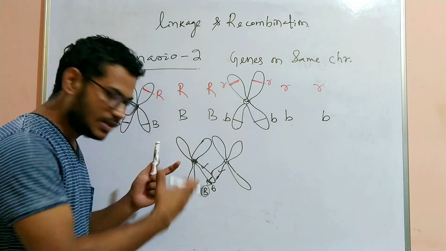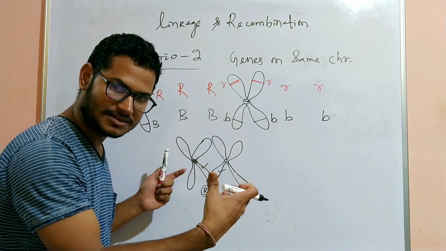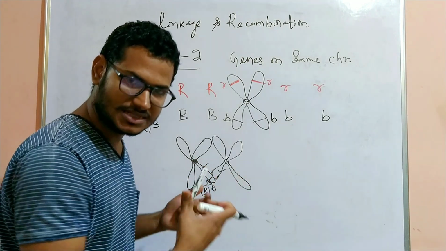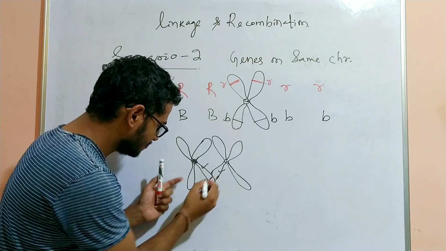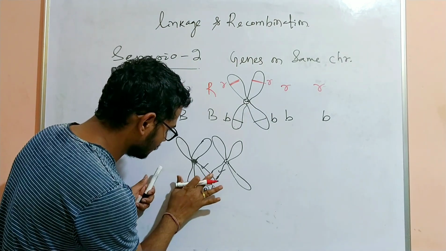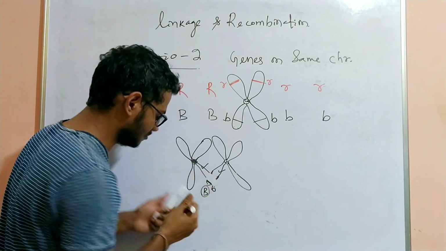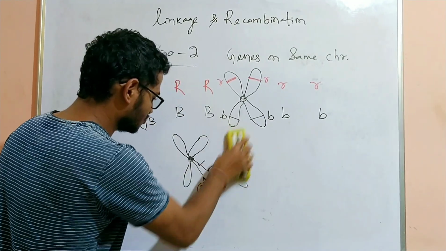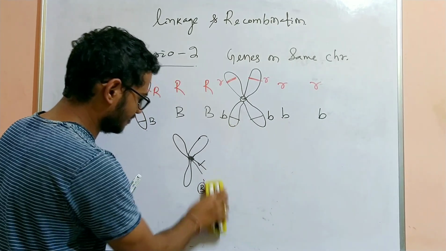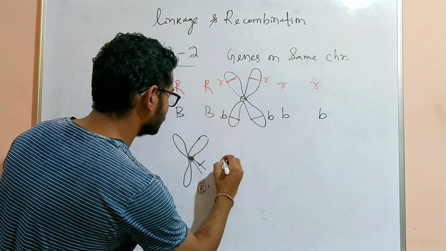Clear? So when they separate from one another during meiosis, what happens? Let me draw this chromosome in red so that you can easily understand.